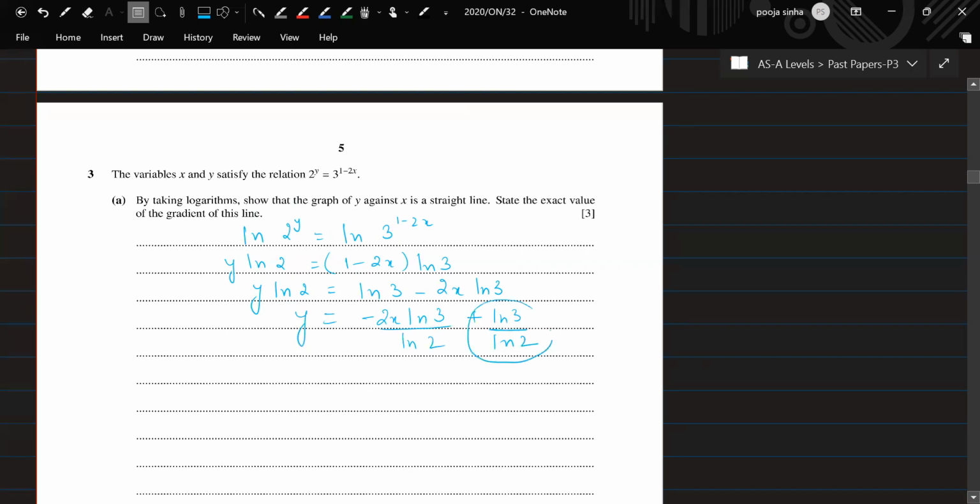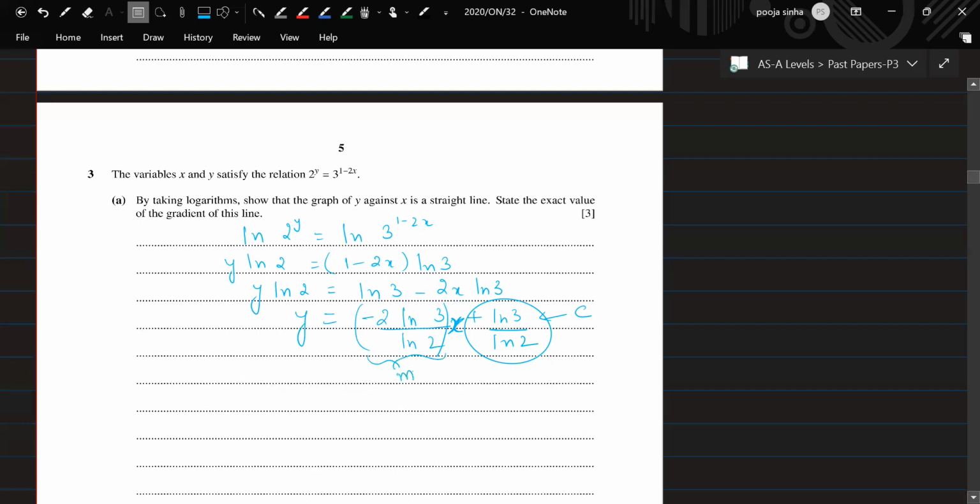So the answer of this whole part will be my c, and the x part I keep aside. Minus 2x is not m, right? Minus 2 with ln 3 and ln 2 is everything m, and there is an x here. Did you get this? Yeah. This whole thing became our m.